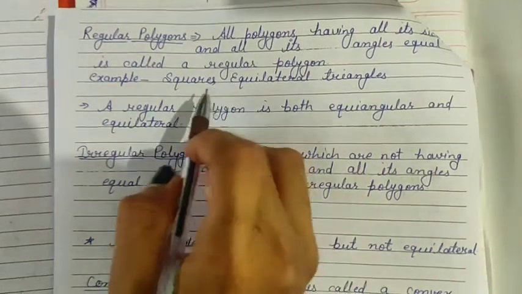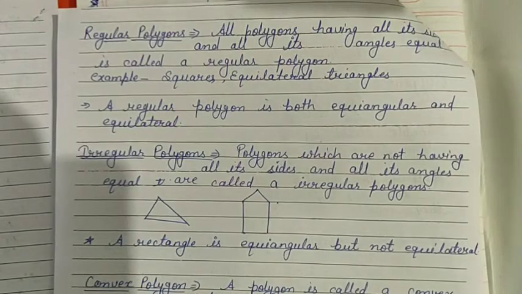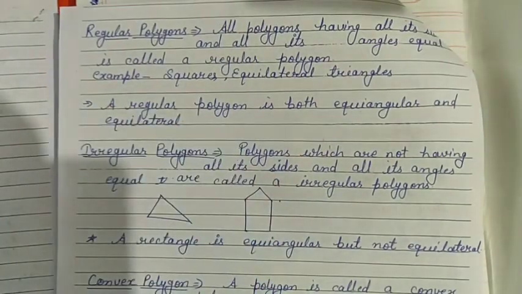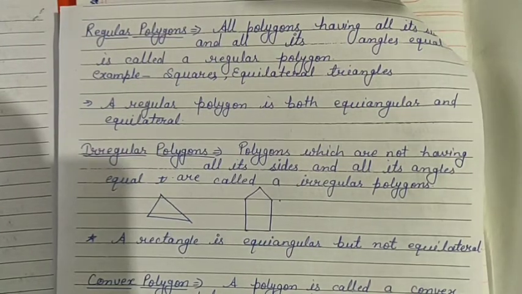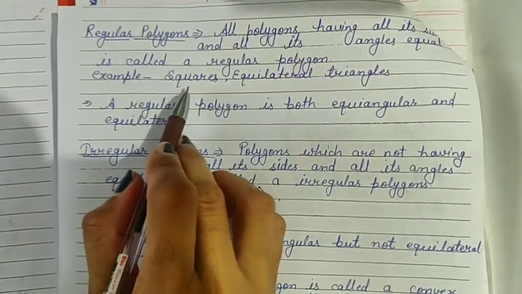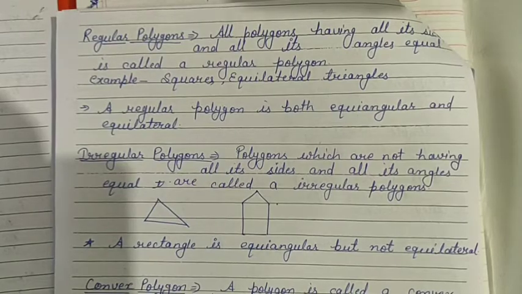For example, squares and equilateral triangles are regular polygons. A square has 4 sides and its 4 sides are equal and each angle is 90 degrees. It means a square has 4 equal sides and 4 equal angles, so this is a regular polygon.